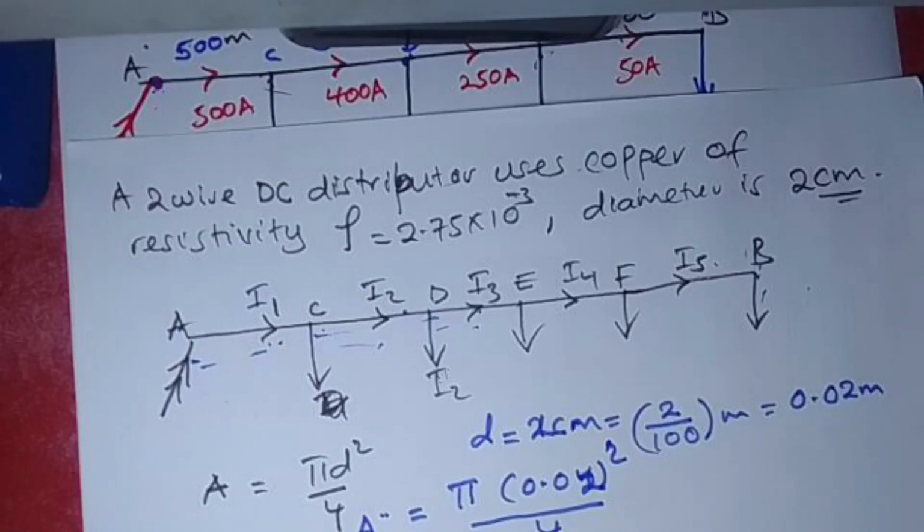But when it comes to ring distributors, or even distributors fed at both ends, we shall find the significance of that value called maximum voltage drop.